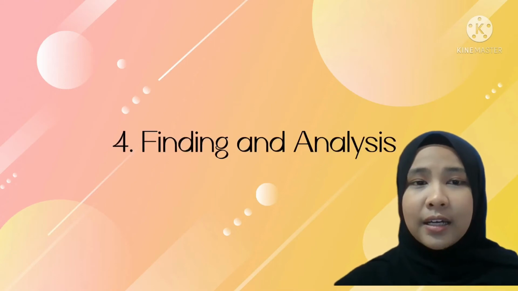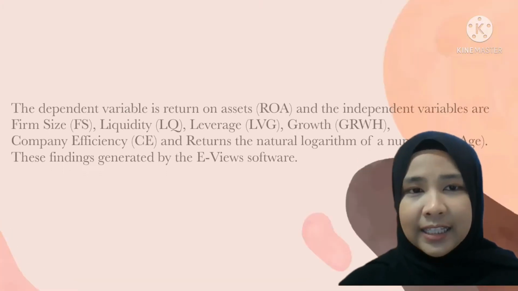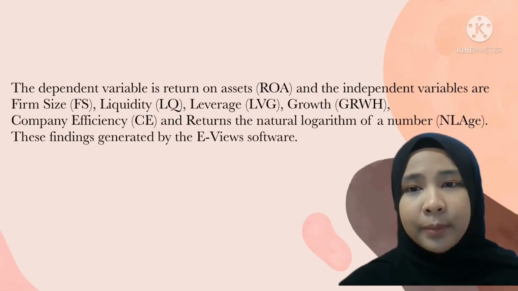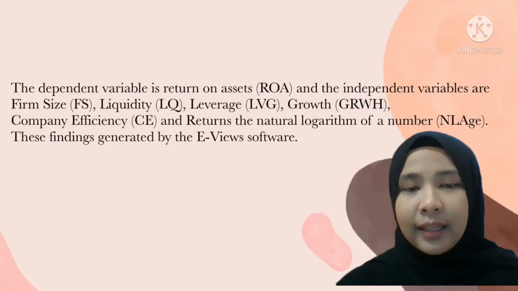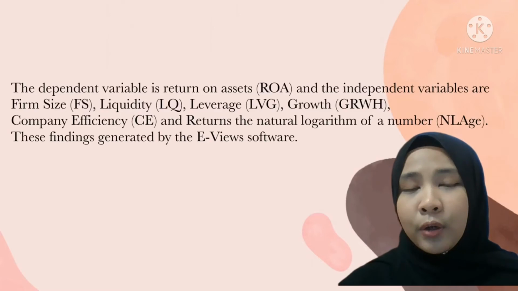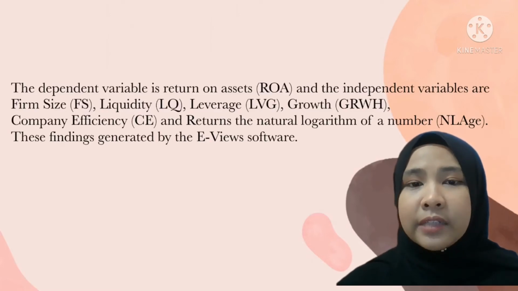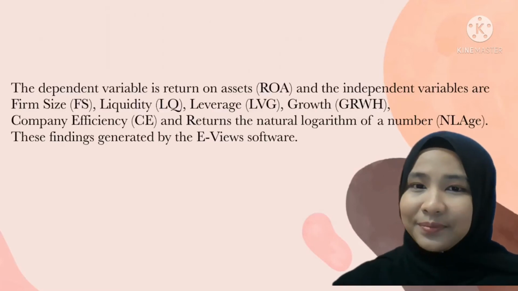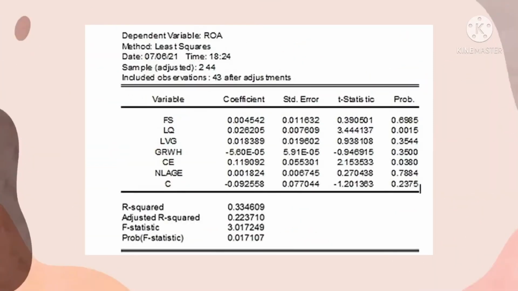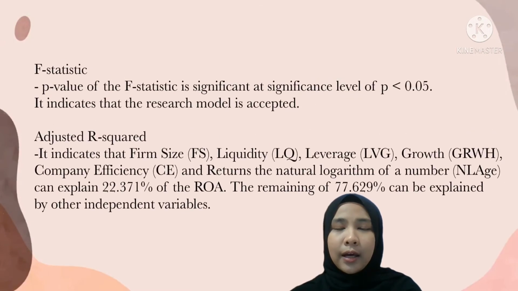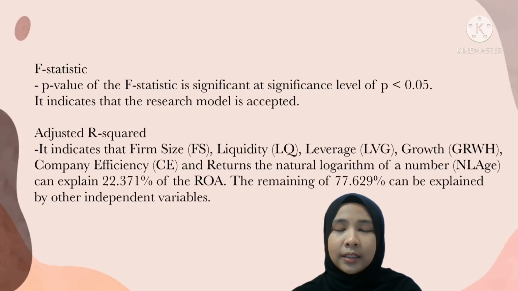And now this is chapter 4, which is findings and analysis. The dependent variable is return on asset, and the independent variables are firm size, liquidity, leverage, growth, company efficiency, and the natural logarithm of age. Using these variables, we have generated a finding using the EViews software. Here is the finding that has been generated using the EViews software.